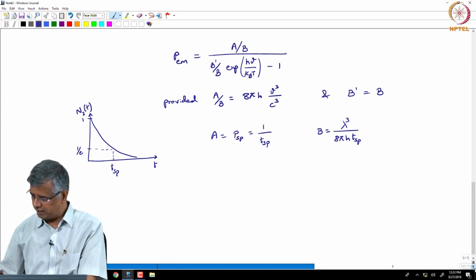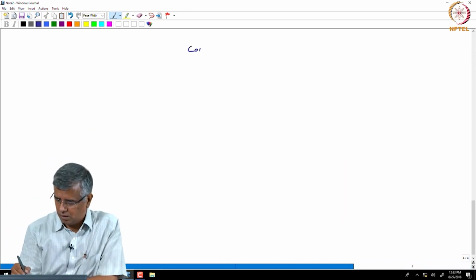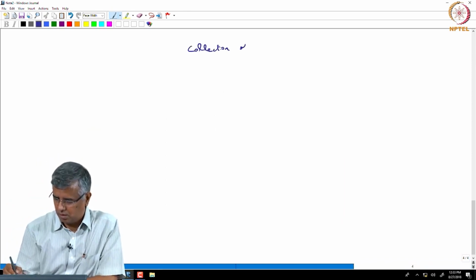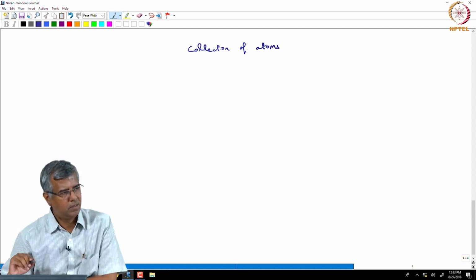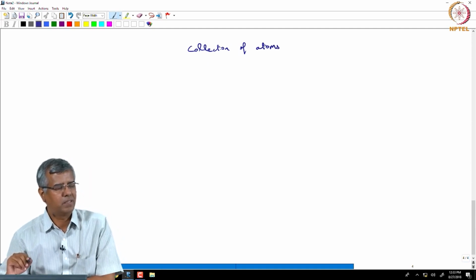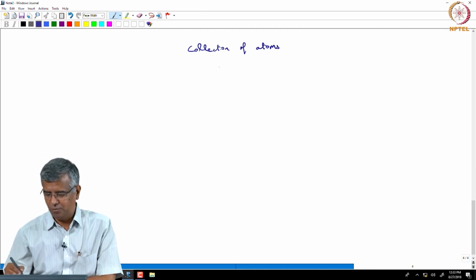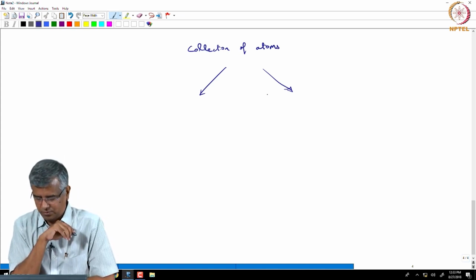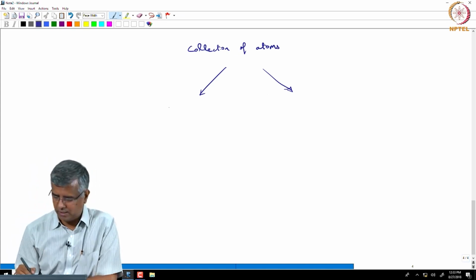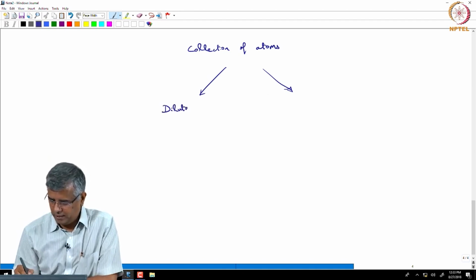When we deal with a collection of atoms, the probability that you will find an electron in a particular energy level is actually different for two different classes of systems. One is, you can consider this as a dilute gas of atoms.